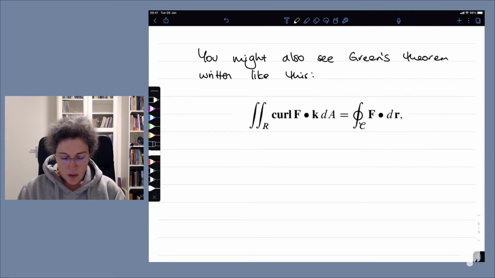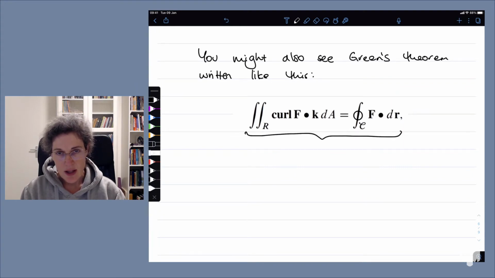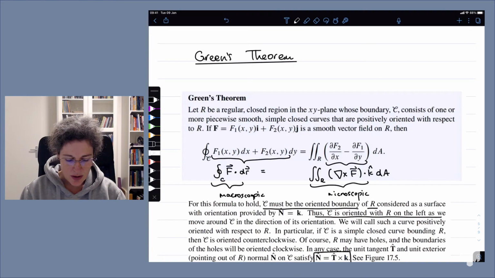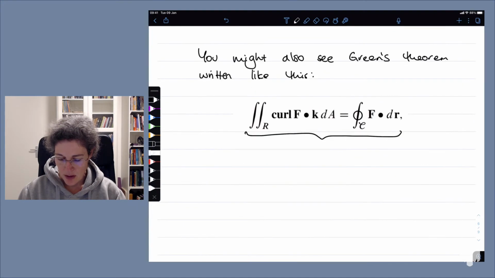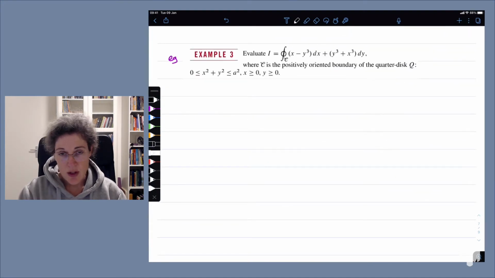Okay, so as we've just seen, you might see Green's theorem written like this, but usually we're going to use it in the form that we saw over here. So let's dive straight in and see why this might be a great theorem, because it's not clear why we would want this, but have a look at this.